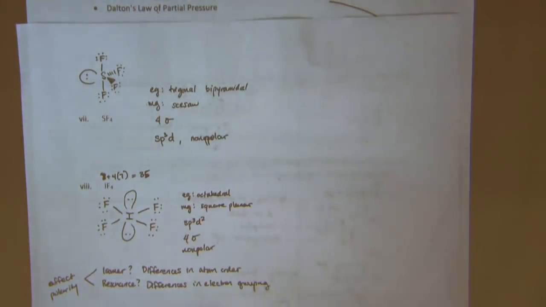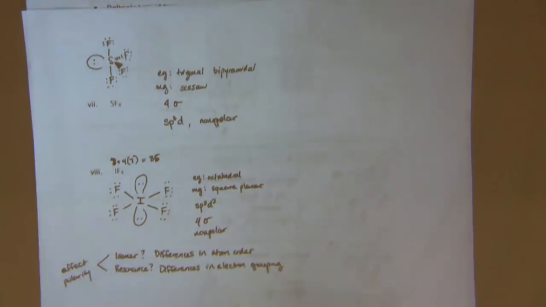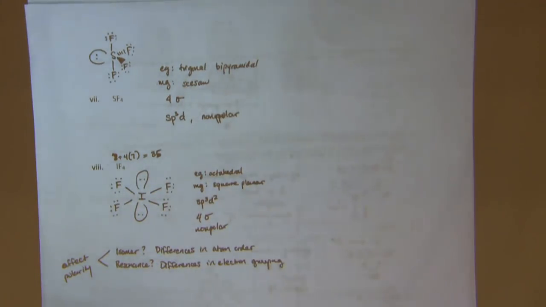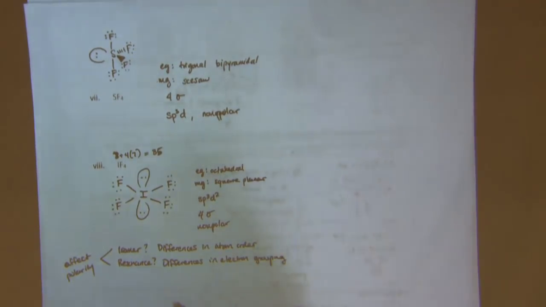Do we have any questions about the stuff we covered? For the isomers, is that when you get an ion and you have a different rule called electron configuration? Okay, that's a really good question. So differences in atom order.